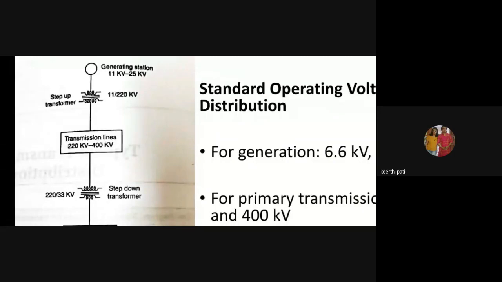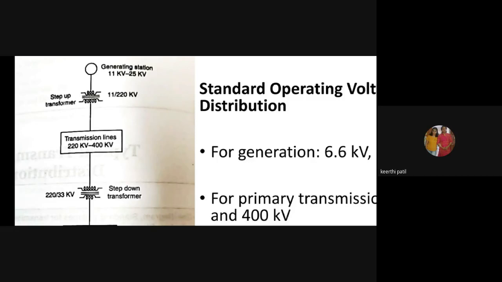After stepping up with the help of the transformer, the power goes to transmission lines. The transmission lines carry the electric power at 220 kV to 400 kV. The line voltage levels are 220 kV to 400 kV.